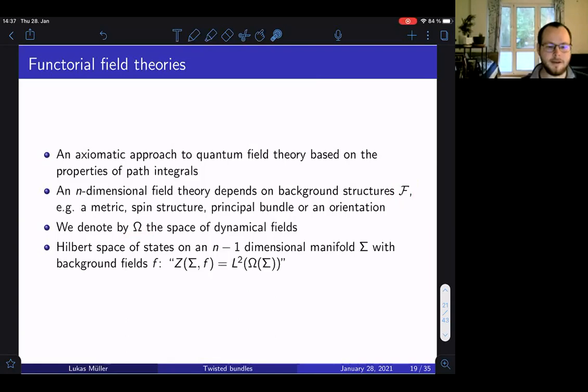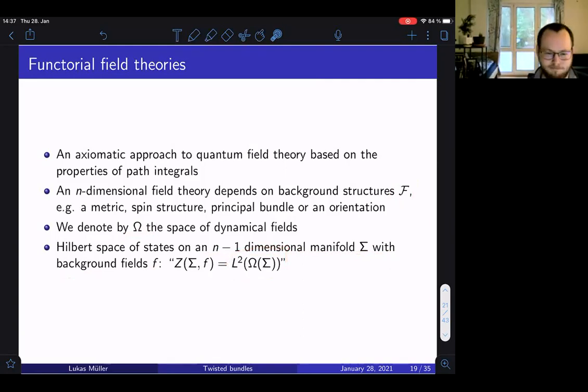And then the field theory should not just assign numbers to manifolds, but also Hilbert spaces to time slices, which I just think of as n-1 dimensional manifolds, which also come with background fields. So the Hilbert space I want to assign to these is the space of square integrable functions on the set of dynamical fields.